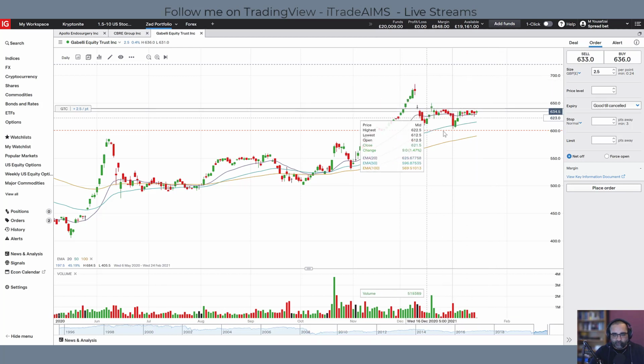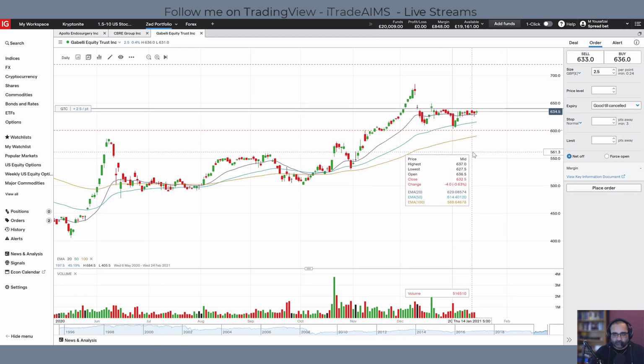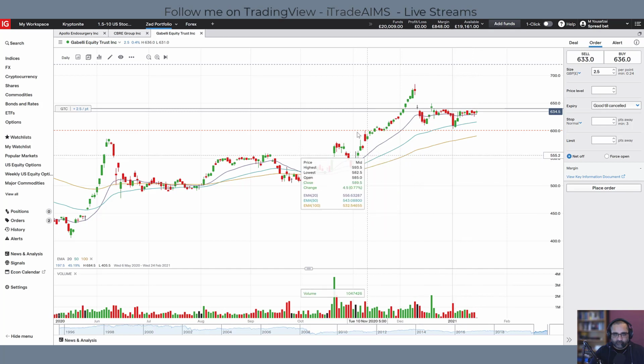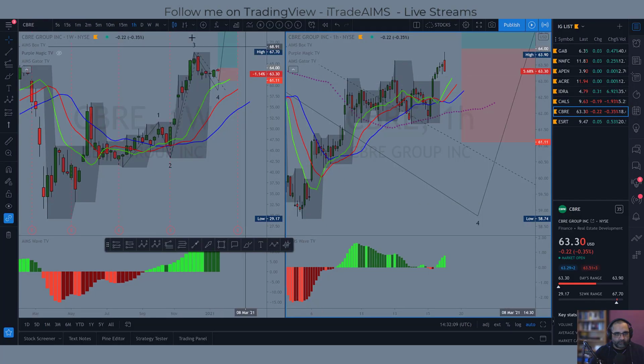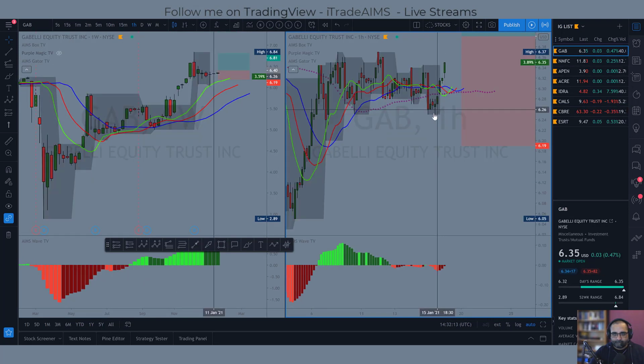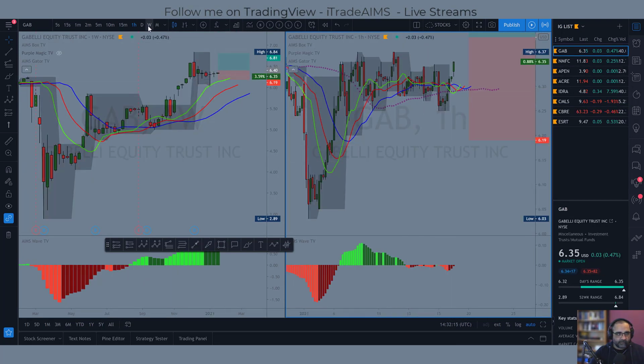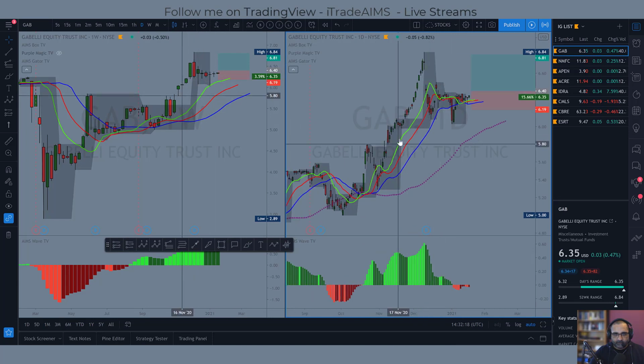So if this one continues, I mean, this is a slow stock actually. So if you look at its move, it's only moving, you know, from here, it's moved from 580 to, you see, 660.